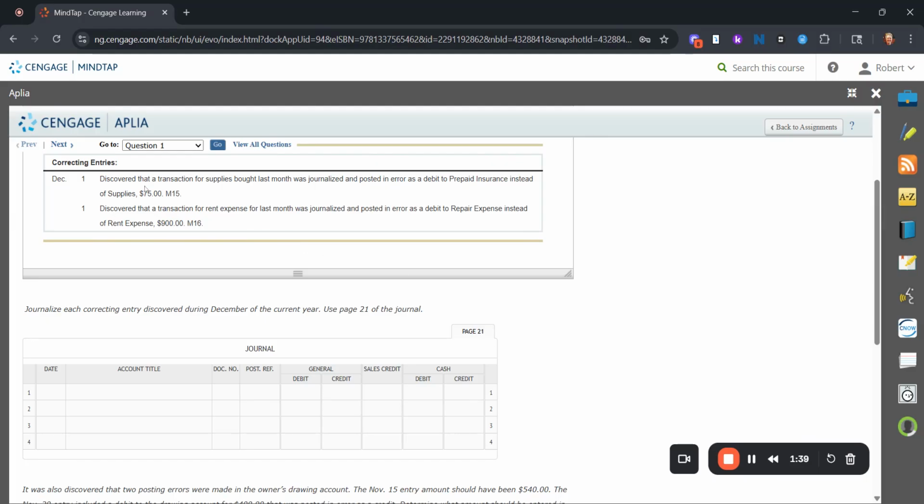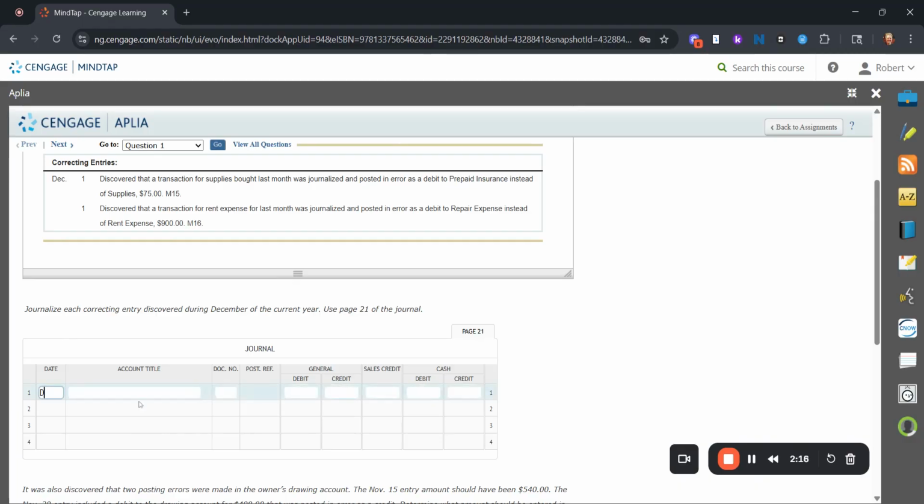On December 1st, it was discovered that a transaction for supplies bought last month was journalized and posted in error as a debit to prepaid insurance instead of supplies. So we're going to need to fix two things with this one. Two accounts are involved here: supplies and prepaid insurance. Let's get this transaction posted properly for supplies.